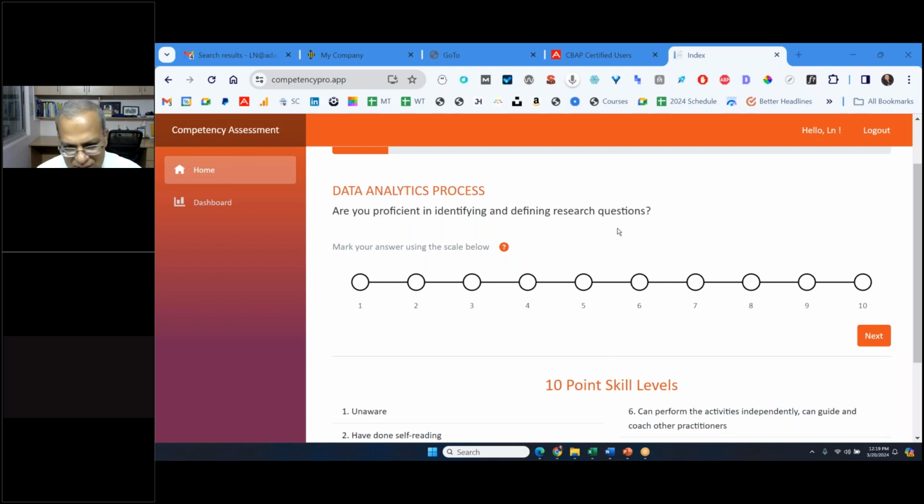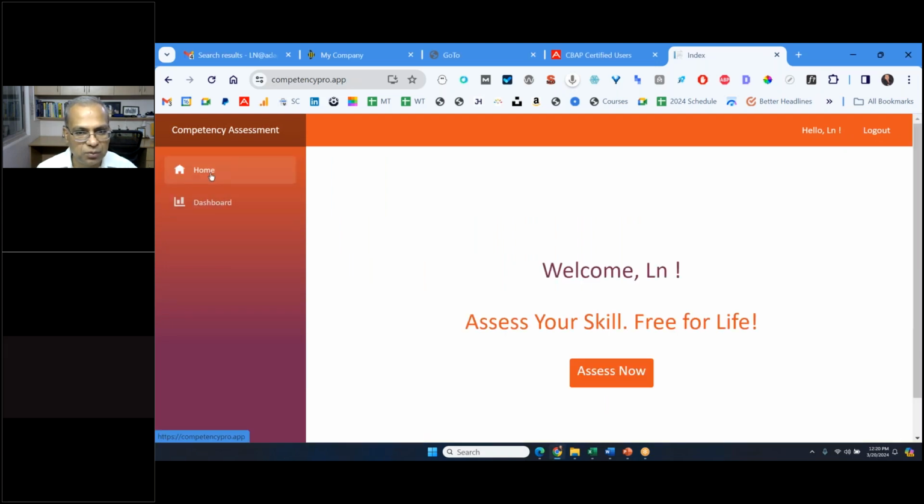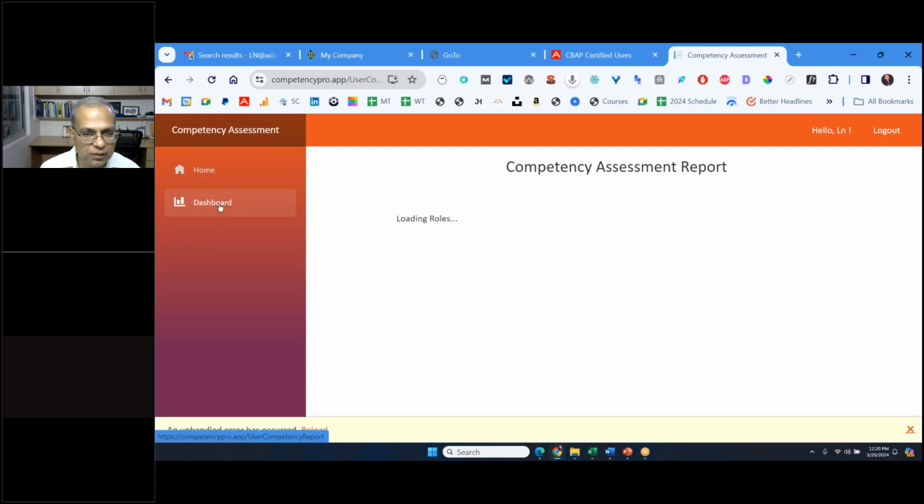The questions are very simple. There is no right and wrong. It's just asking you how confident you feel about this particular topic. And once you have that data collected, it gets captured and it's kept in the database. It's giving some trouble for me. Maybe I'll just go back to home and then come back to the dashboard.